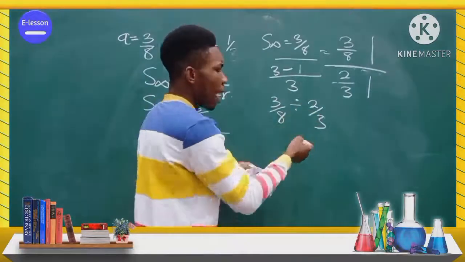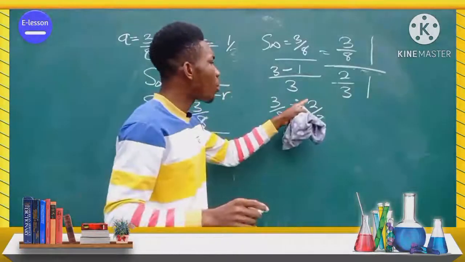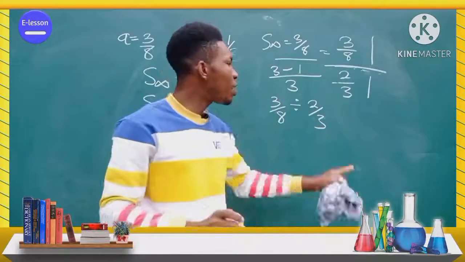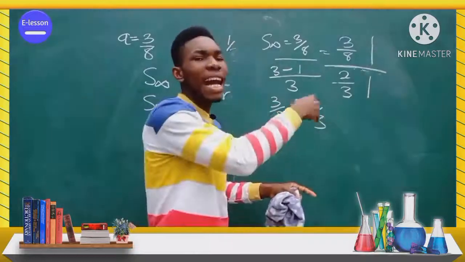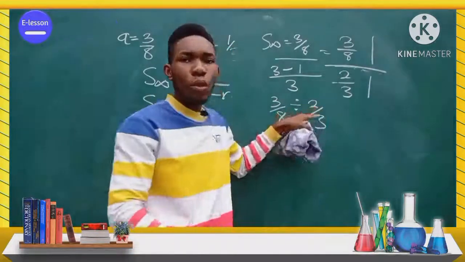Whenever the division sign changes to multiplication, you find the reciprocal of what is on the right hand side, in such a way that 3 will come up and 2 will go down.